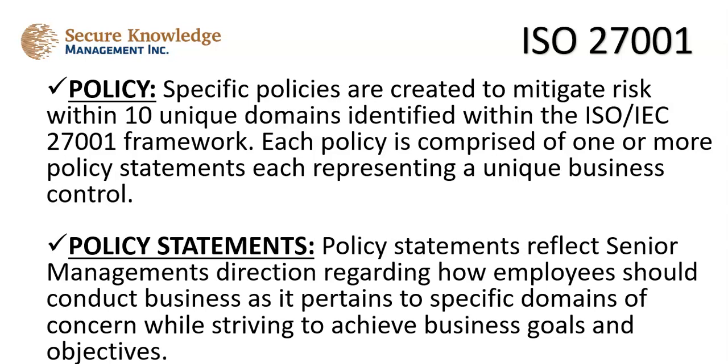Each policy is comprised of 1 or more policy statements, each representing a unique business control area. Policy is often created as a result of a risk assessment, and the risk assessment has identified some kind of potential exposure which senior management and the Information Security Governance Committee want to address with employees.